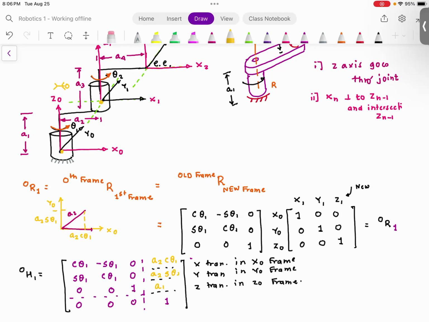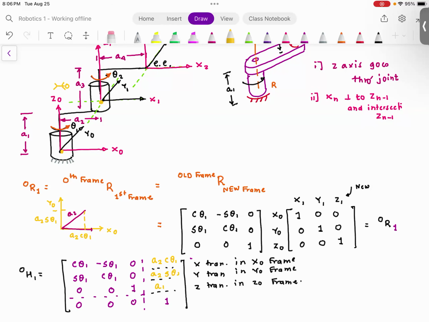Once you multiply the rotation matrix and the projection matrix, you are going to get this final rotation matrix. That would be the first 3x3 matrix in the homogeneous transformation. So cosine theta 1, minus sine theta 1, sine theta 1, cosine theta 1, this matrix is going to be the rotation matrix. The rotation matrix captures just the rotation.